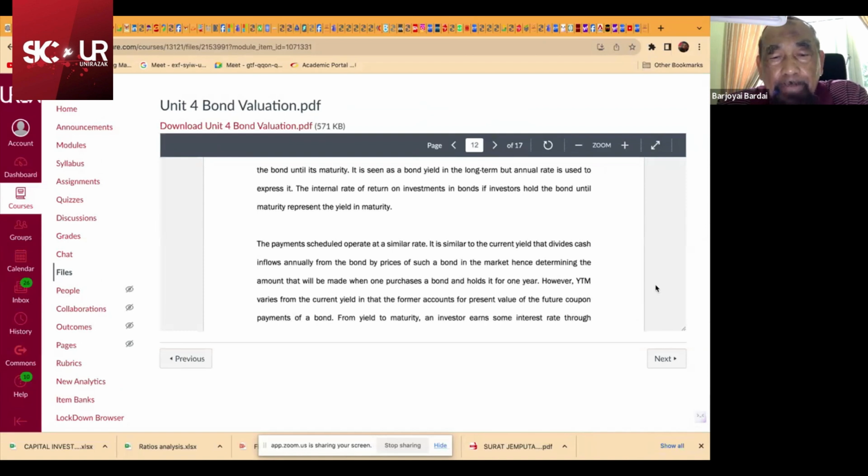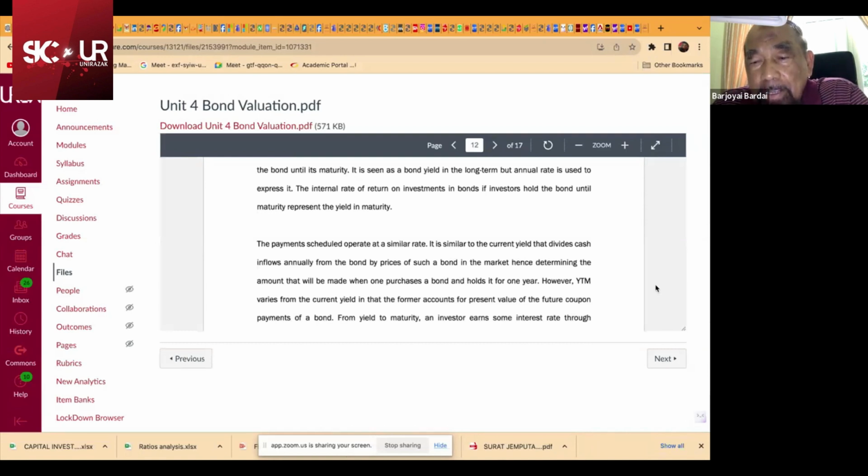So the payment schedule operates at a similar rate, and it is similar to the current yield, which divides the cash inflow annually from the bond by the price of such a bond in the market, and hence determines the amount that will be made when purchasing a bond and holding it for 1 year, for example.